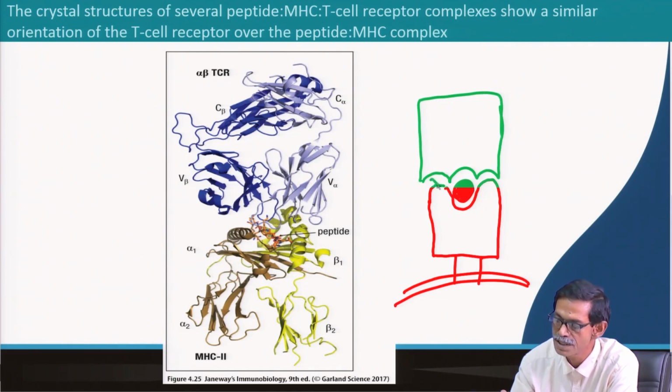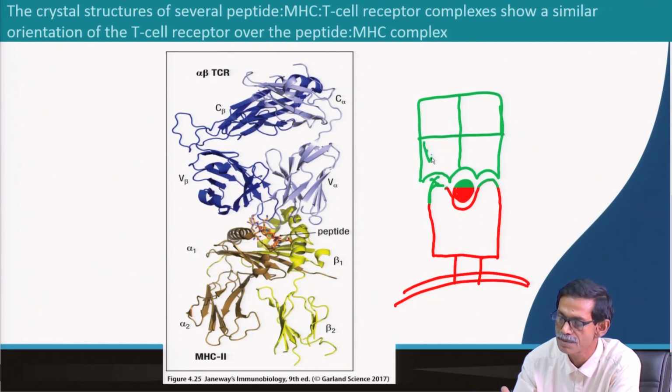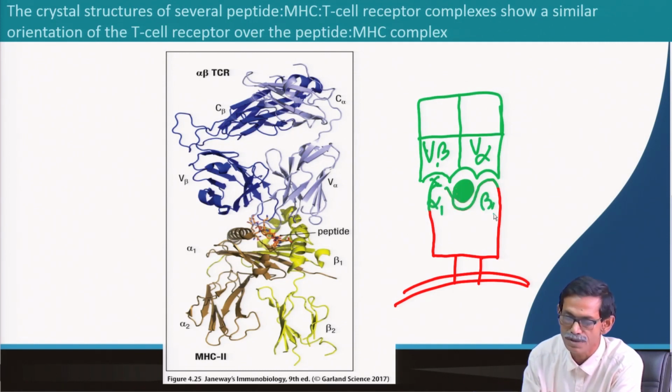You see this part is interacting. This is V beta and this is V alpha, and it will be alpha 1 and this will be beta 1. So, I am comparing with this. This domain is interacting with alpha and beta, and the center part of the T cell receptor is actually interacting with the antigen.